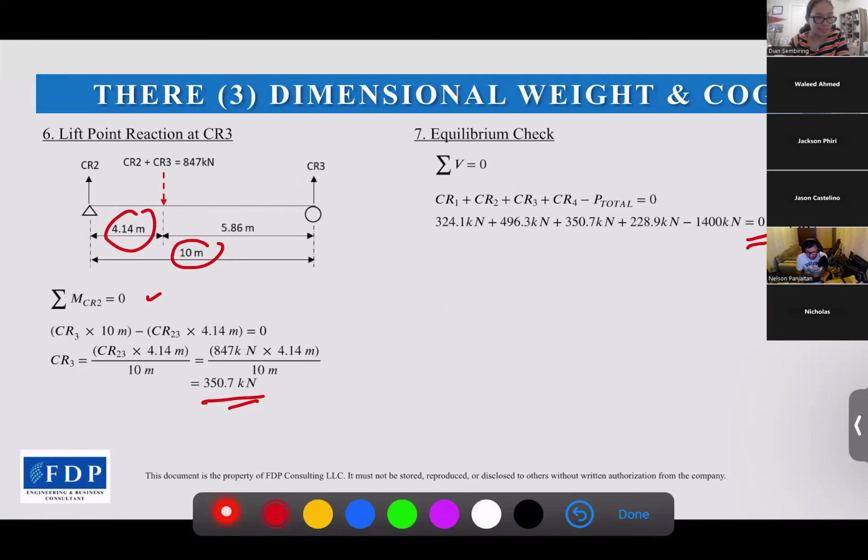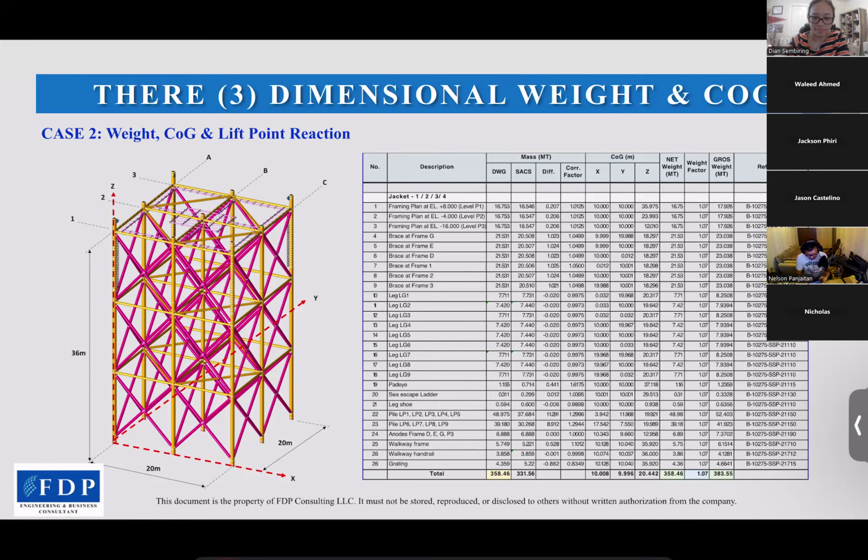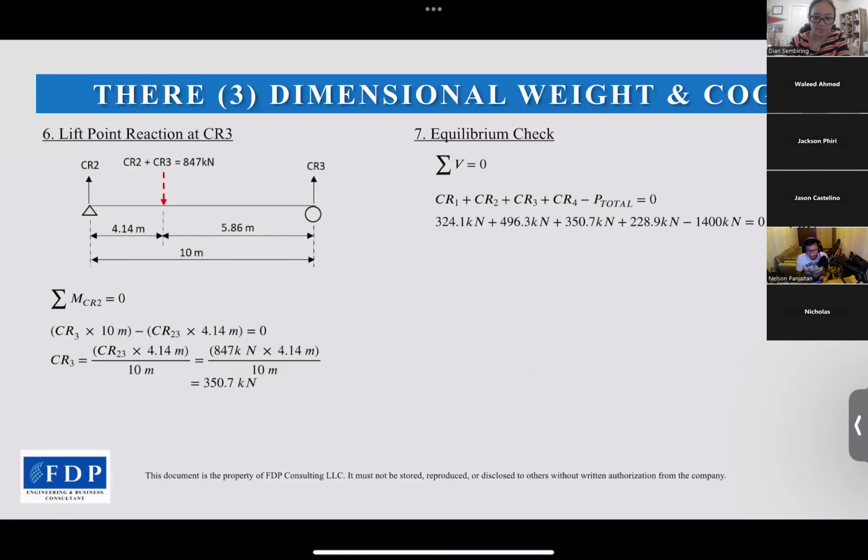We continue with the new cases. So Mr. Nelson, yes, Ahmed, you are saying that for the lifting point reaction, we just need X and Y. For Z, we don't need it, we need it just for the COG calculation, all right?